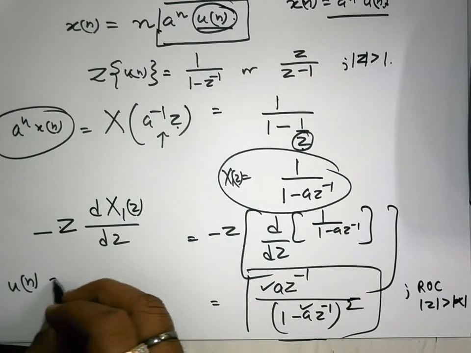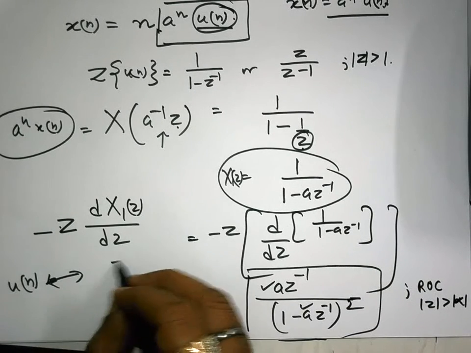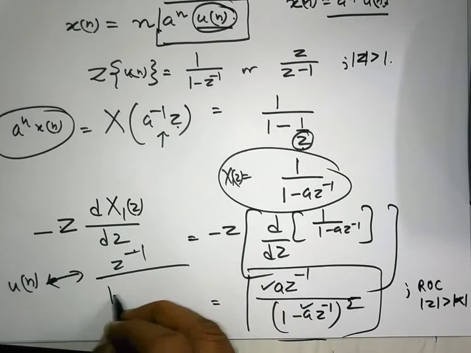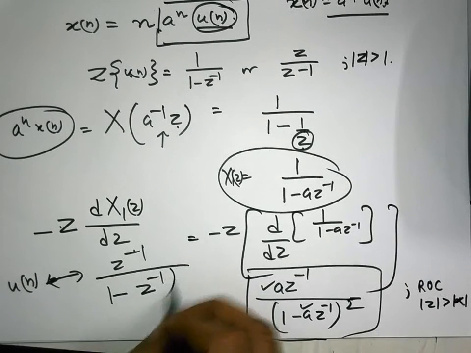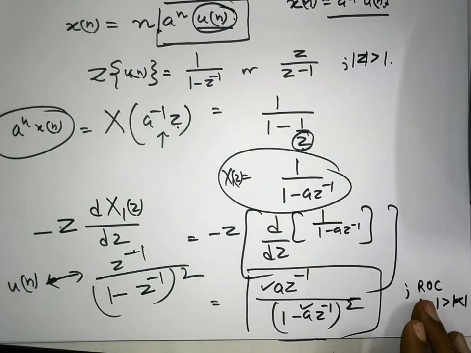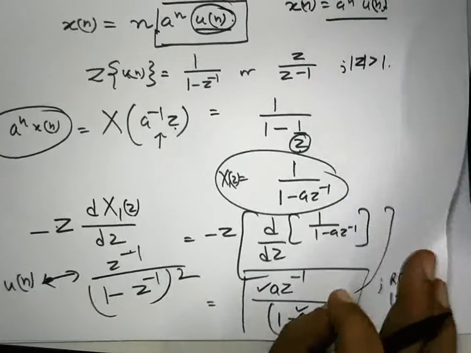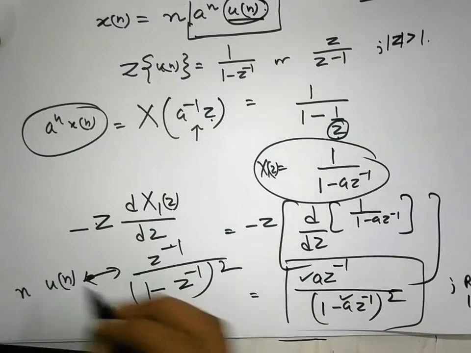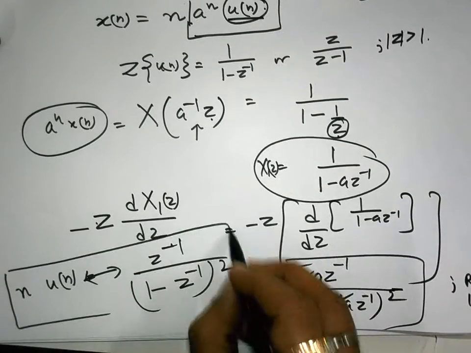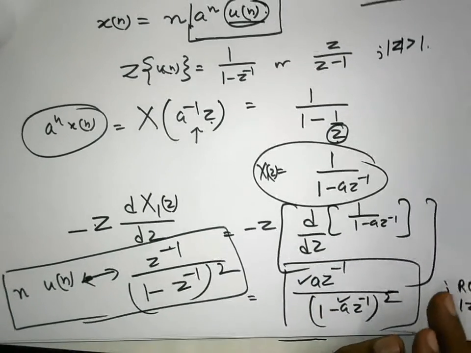So this is equal to z to the power minus 1 over (1 minus z inverse) whole square. Okay, this is the Z transform of n u[n].